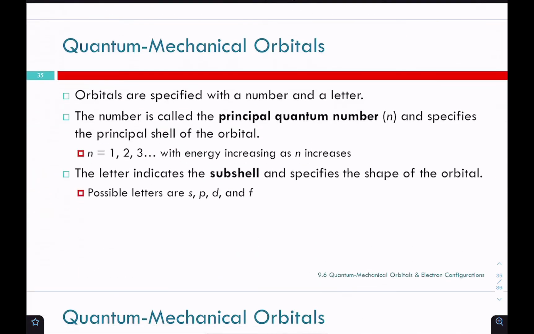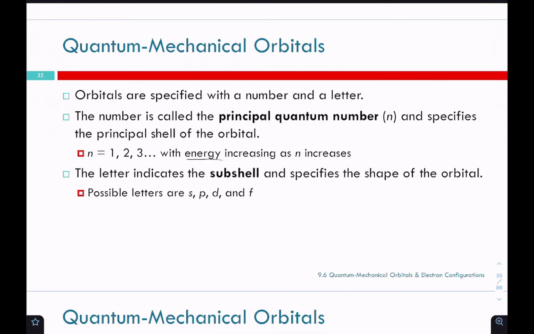So for orbitals around a nucleus, we describe them with a number and a letter, kind of like an address. The principal quantum number is n, just like we talked about when we were talking about orbits. The principal quantum number represents the general area of where it is, the general energy level.